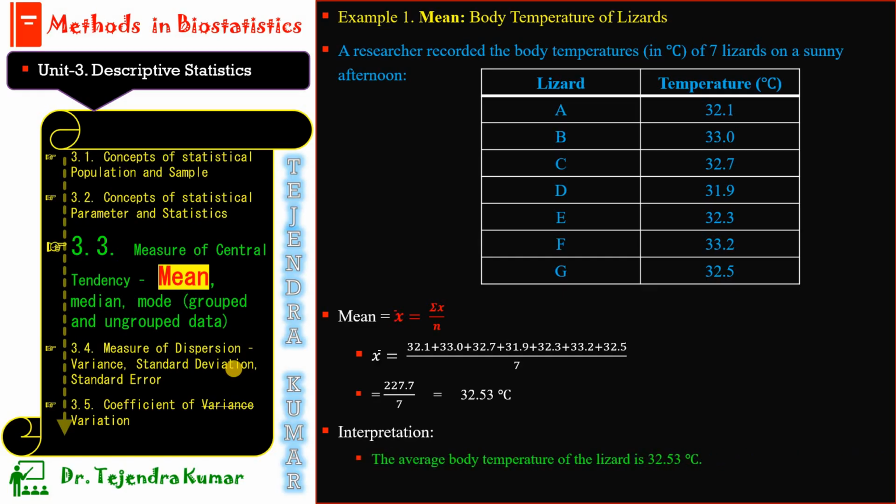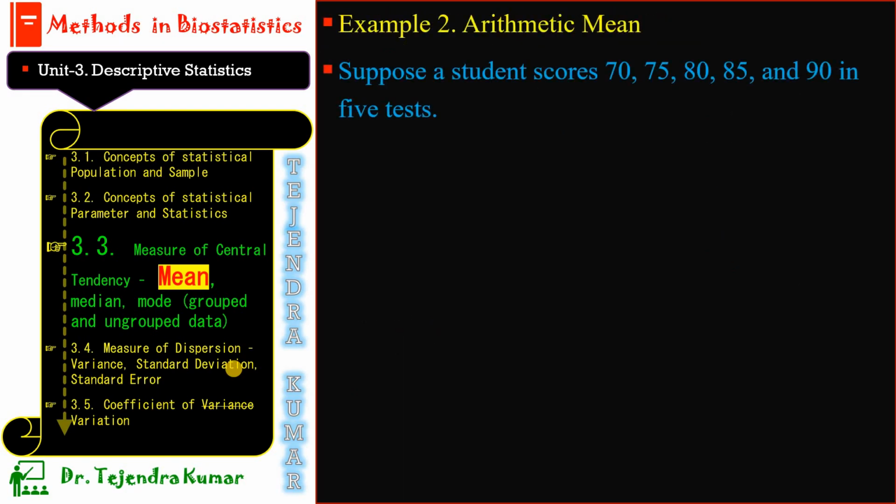Interpretation. The average body temperature of the lizards is 32.53 degrees Celsius.